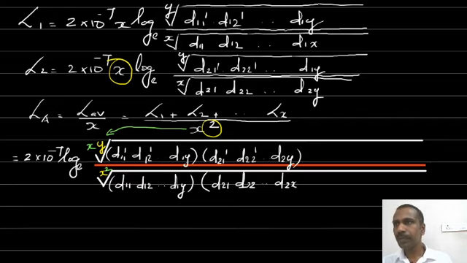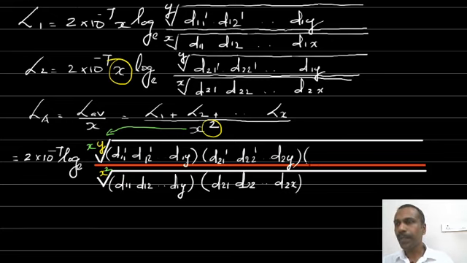And this term is x into, etc. up to the last term, which will be dx1 dash, dx2 dash, etc. up to dxy.